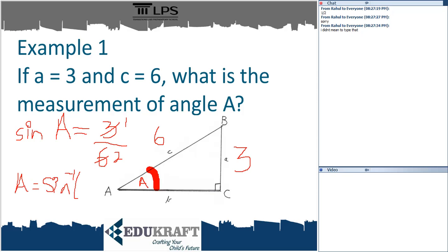So you need to use a calculator that can help you find sine inverse of half. And what is sine inverse of half? Can somebody give me this answer? Rahul? Rahul or Shri Kirti or Sachitanand? Can anyone give this answer?